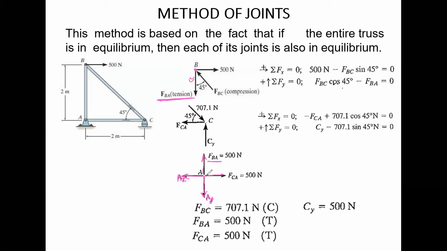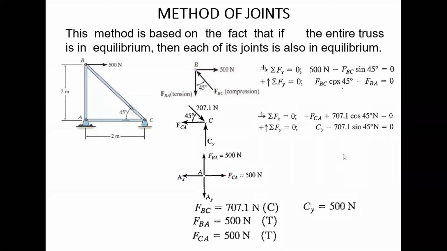Now FCA, we have also taken the force FCA in FBD of C, and we have taken the direction horizontally leftward. So while drawing the FBD of point A, we have to take its direction horizontally rightward, opposite to this one.